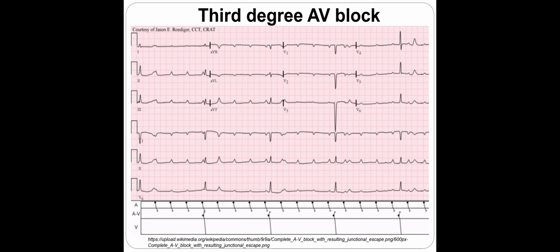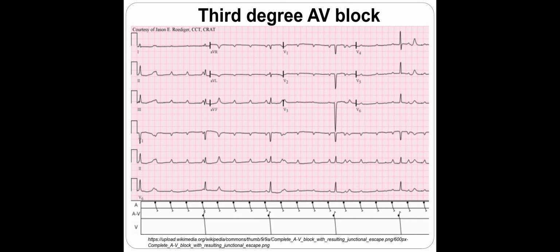You can apply a vagal maneuver, meaning that it is going to slow down the PR conduction. That's good, it means that you do have maybe a little bit higher grade of the AV block. But when you do have a ventricle one, a third degree, there won't be any effect on it. Another thing, you can increase the sympathetic activation.